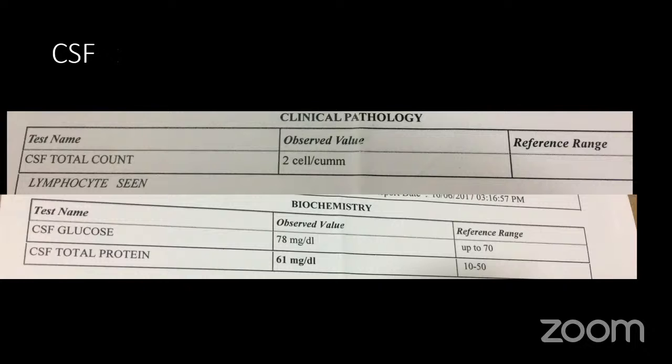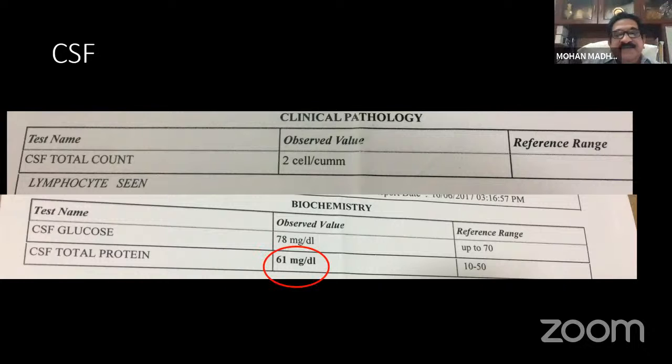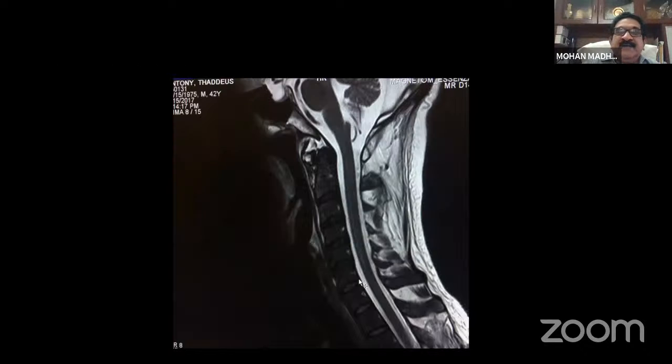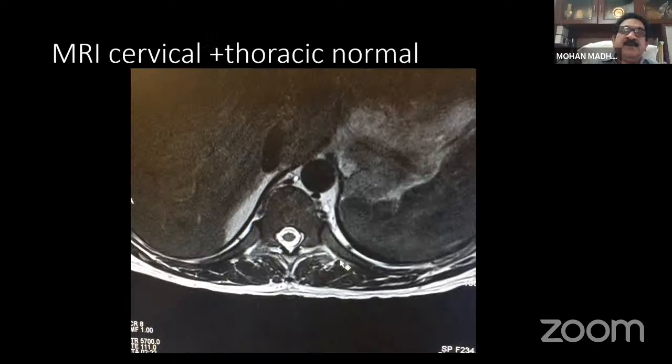Okay, CSF. We do this perfectly right. CSF protein was 61 milligram per deciliter, no cells. So you want MRI also? MRI cervical spine normal, dorsal spine normal.